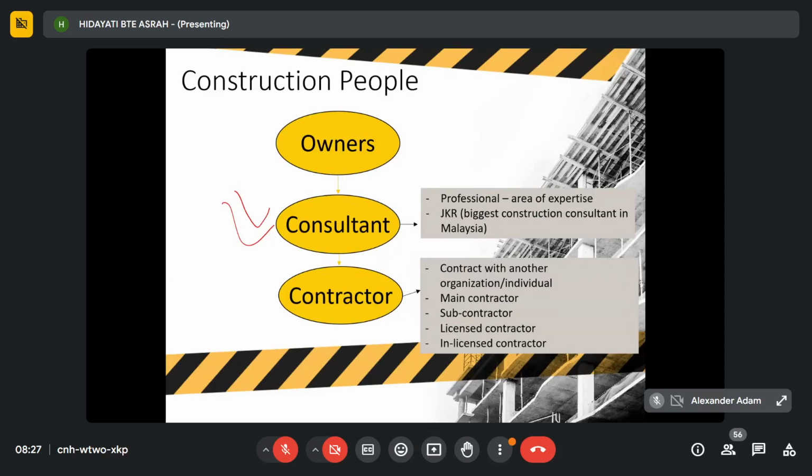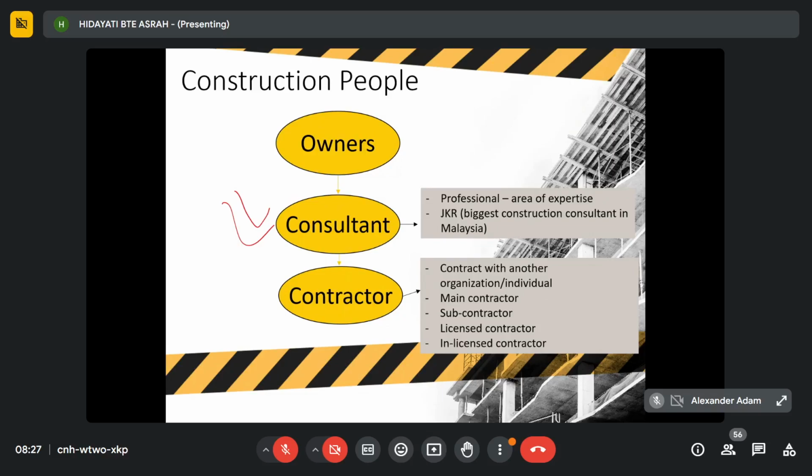The consultants have the expertise to conceptualize whatever project is in your mind. If you want your building to be round, you inform the consultant, and they will try to conceptualize the project, whether it is possible or not.